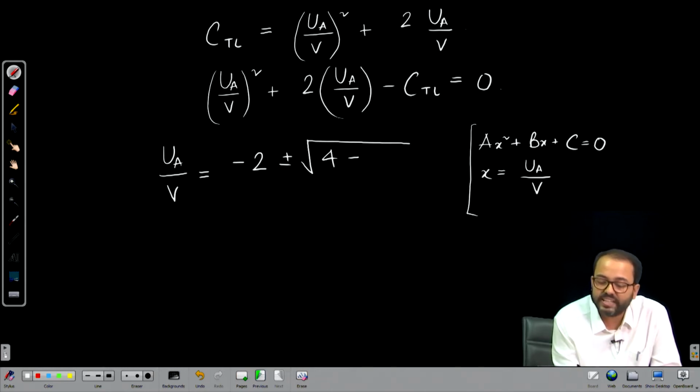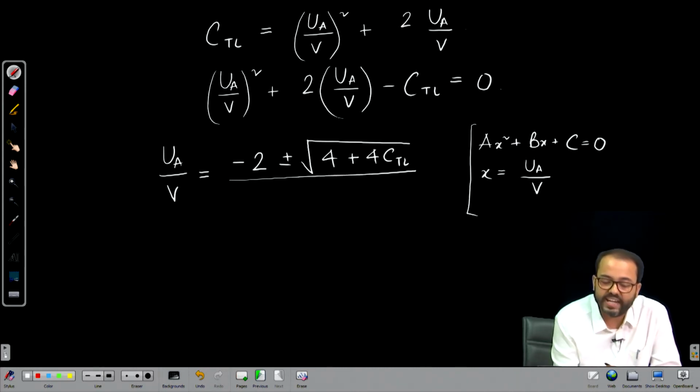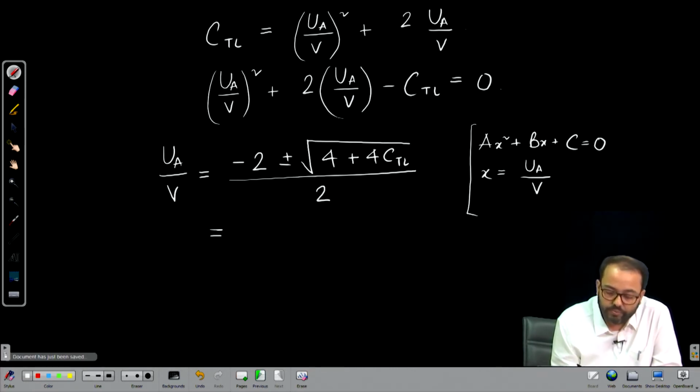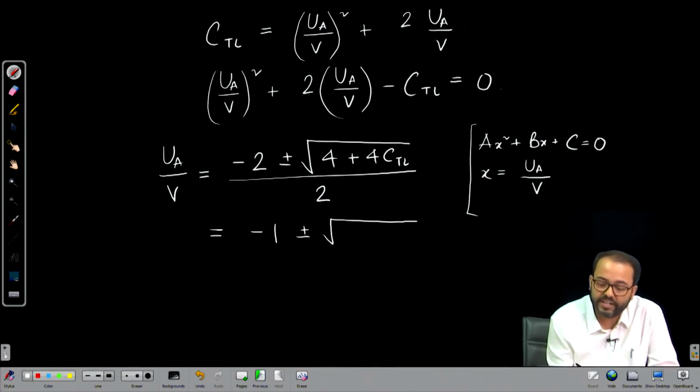So, C is basically minus CTL, so plus 4 CTL, divided by 2A, A is 1 here, 2. So, this becomes minus 1 plus minus root over of, so 4 comes outside the root and divided by 2, it is 1, 1 plus CTL.